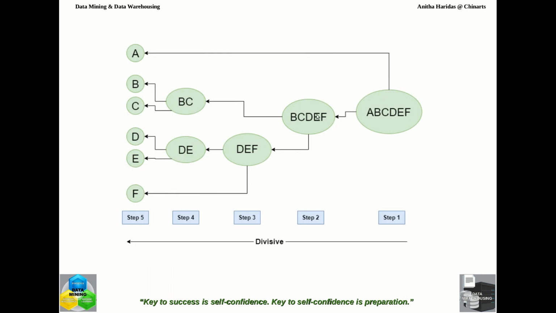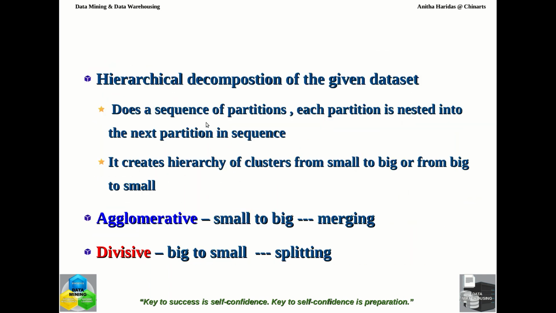So this is decomposed into 2, and this is decomposed into 2, like that, right? So this is going to create a hierarchy of clusters from small to big or from big to small. If you have all the objects or the data points in the same cluster, then you start decomposing it, so it becomes big to small.